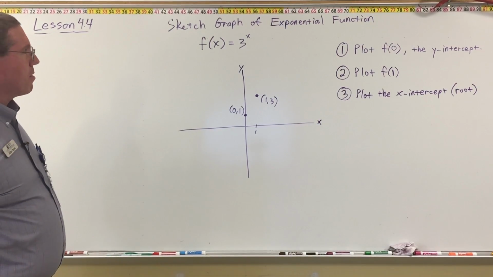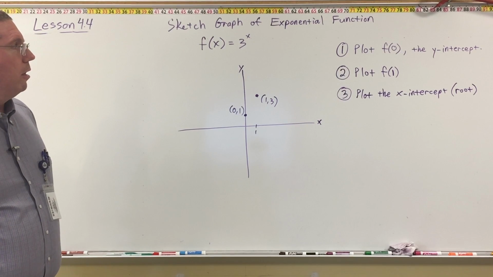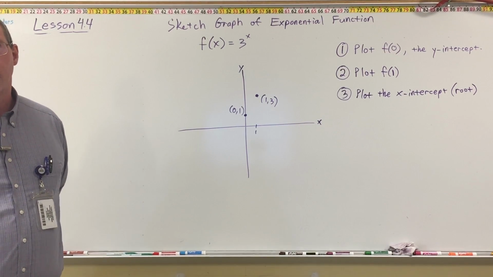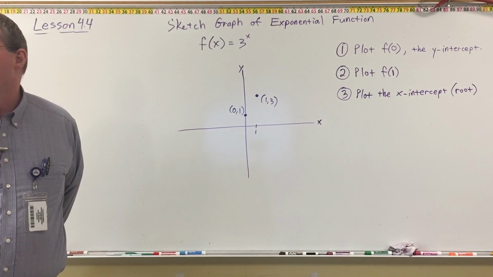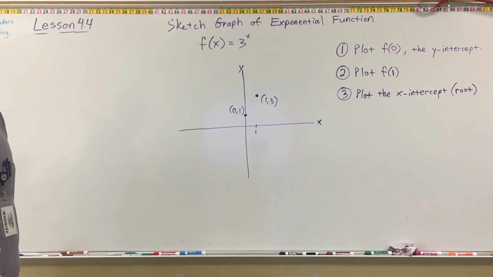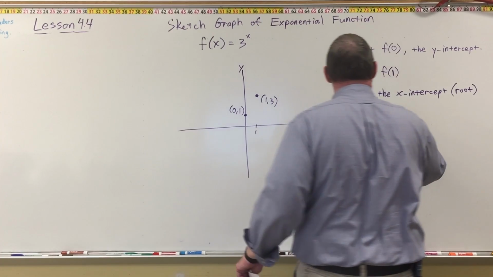Now, if you start messing with this thing and put a cubic polynomial in the exponent, it'll give you some really strange shapes, and it could cross the x-axis several times. Okay? This particular one does not have an x-intercept, so I'm going to make a note here.